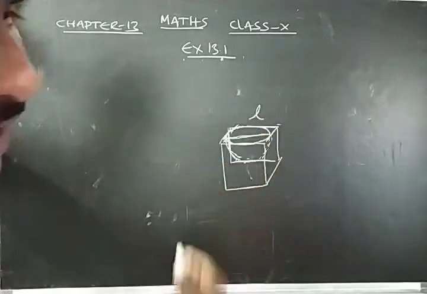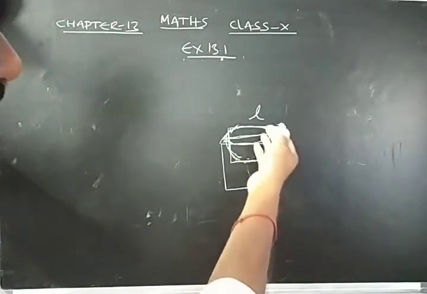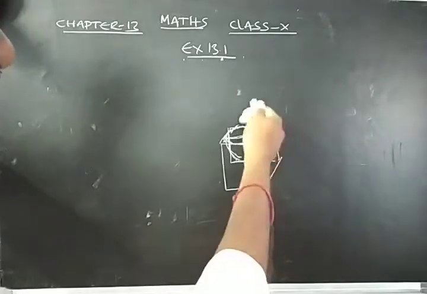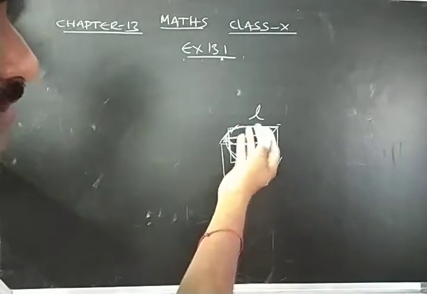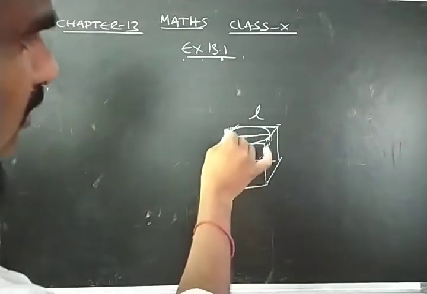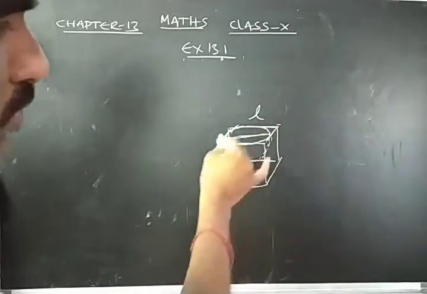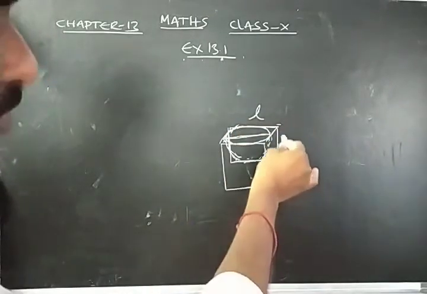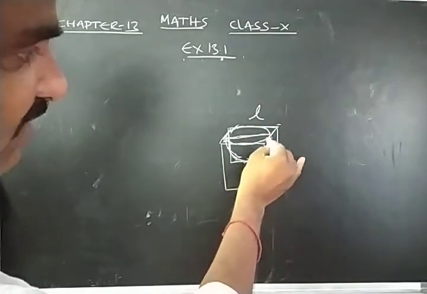According to this information, I have drawn the figure. Now we are going to find the total surface area of the remaining solid after removing this hemisphere from one face of the cube. So how to find it? First, I will find the total surface area of the cube, and I will add the CSA of the hemisphere. Then I remove the base, because there is no part there now.